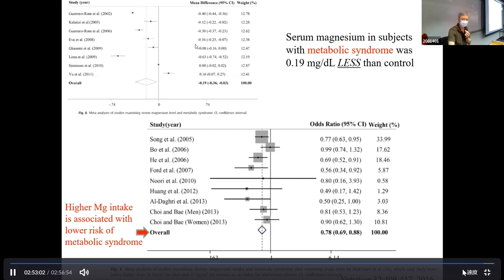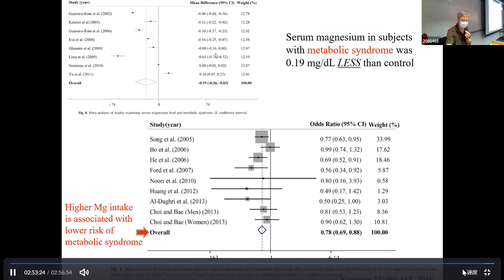The forest plot indicates that serum magnesium in subjects with metabolic syndrome was 0.0919 milligram per deciliter less than the control. So metabolic syndrome subjects have lower serum magnesium.